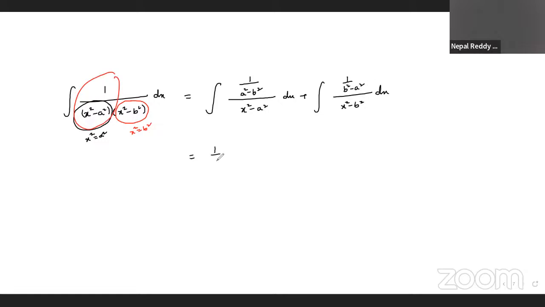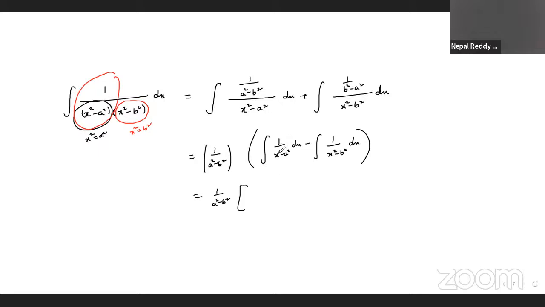If you take common 1 by a square minus b square, then integral 1 by x square minus a square into dx minus integral 1 by x square minus b square into dx you will get. Therefore, 1 by a square minus b square is the constant here.